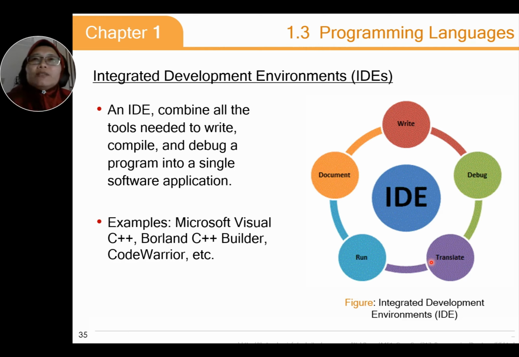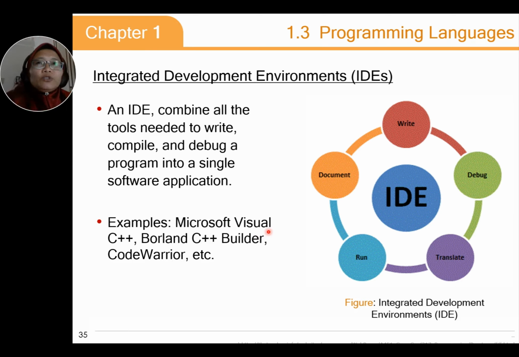Next we look at the IDEs, or integrated development environments. Here we have the IDE in the middle, and around it write, debug, translate, run, and document. An IDE combines all the tools needed to write, compile, and debug programs into a single software application.